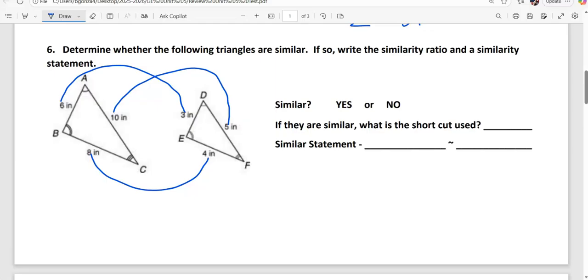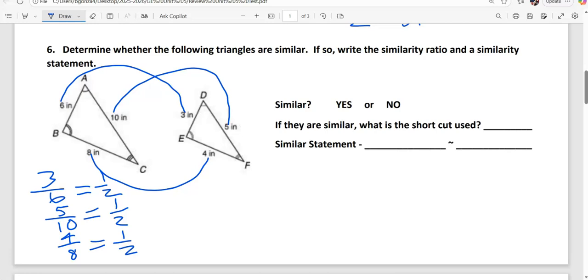So I can make those into fractions. 3 over 6, 5 over 10, 4 over 8. 3 over 6 is equal to 1/2. 5 over 10 is equal to 1/2. 4 over 8 is equal to 1/2.